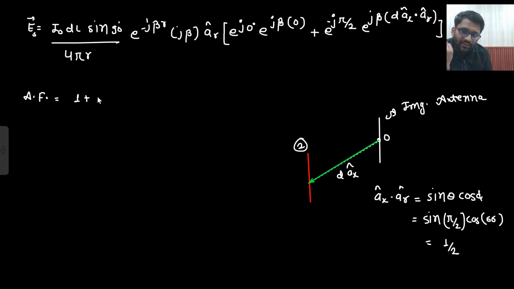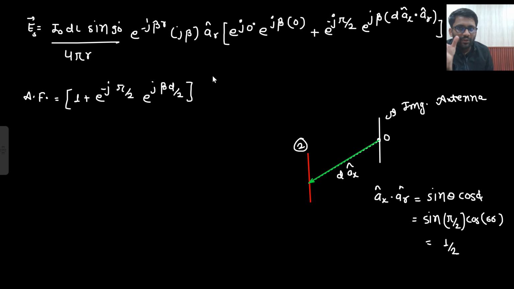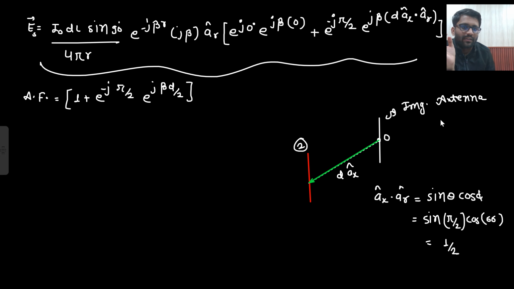So 1 plus e to the power minus j pi by 2 and e to the power j beta d by 2, right? So this is the array factor you are getting. Now what they are saying is that if the maximum radiated electric field, so now you need to get the maximum value of this expression.